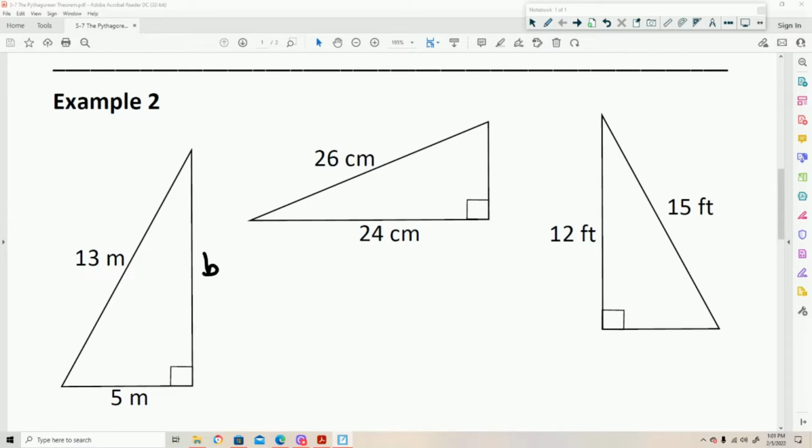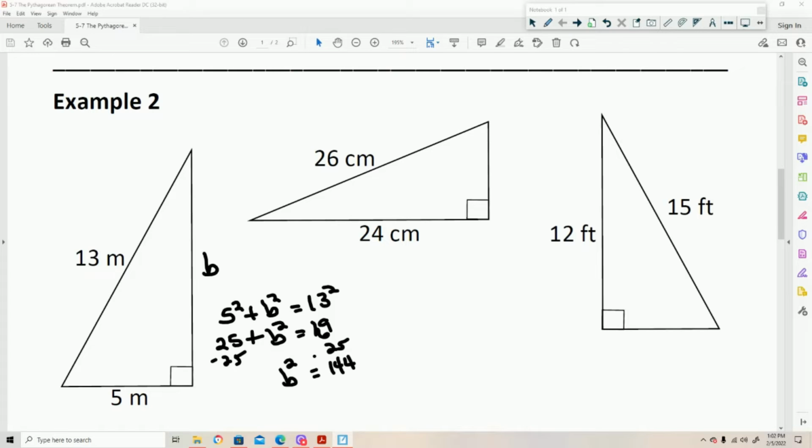Now we're going to put everything in the formula. So let's find room here. We're going to do 5 squared plus B squared, which we don't know, is equal to 13 squared. Okay, so we have 25 plus b squared is equal to 169. Okay, we can make that work. So we're going to subtract 25 from both sides, and we get b squared is equal to 144.